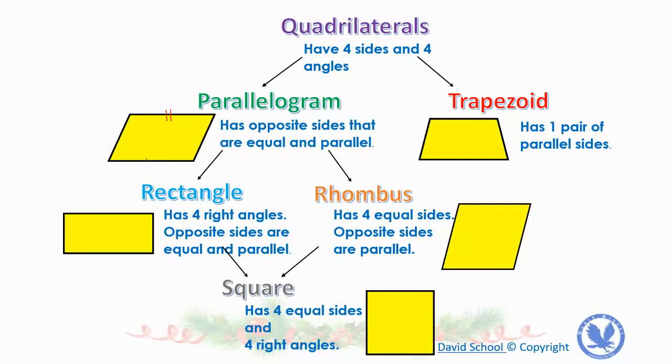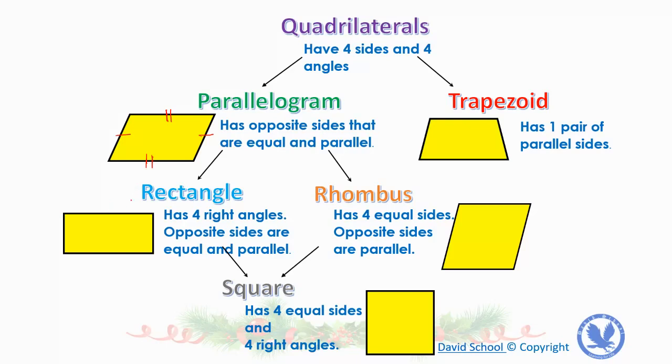This side and this side, these two sides are parallel and equal. And this side and this side are also parallel and equal. If you draw small lines like this on the sides, that indicates the measure of the side.